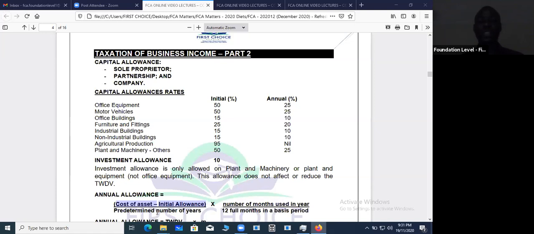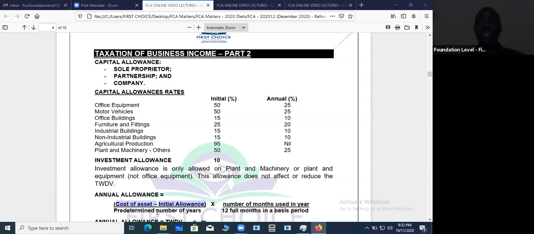To illustrate, you bought a car for 12 million. Okay, now 50% has gone. Okay, let's say it's 24 million anyway. Let's say it's 24 million. I want to make it simple. 50% gone, that means 12 million has gone. 12 million remaining.